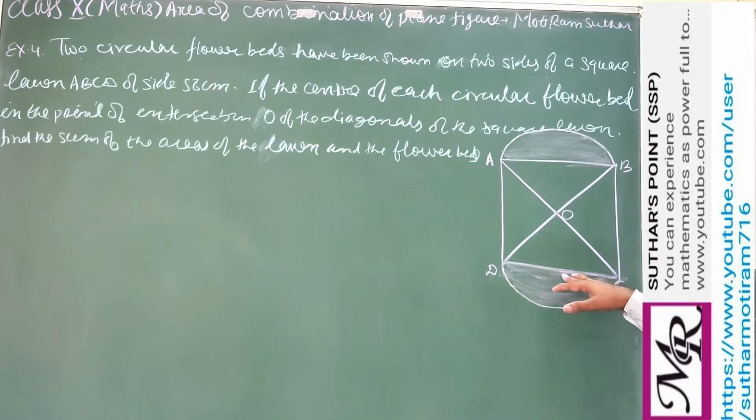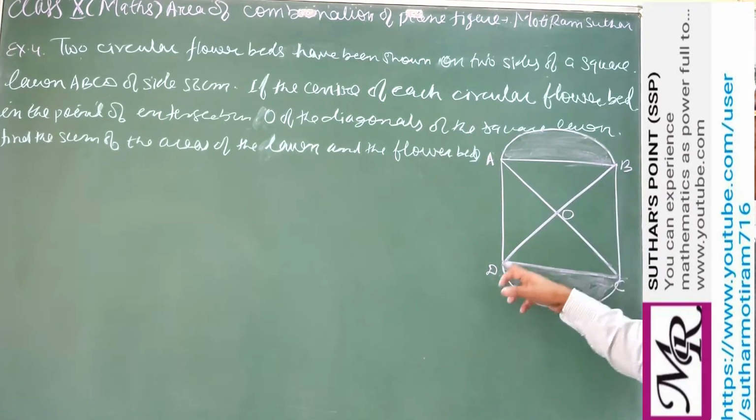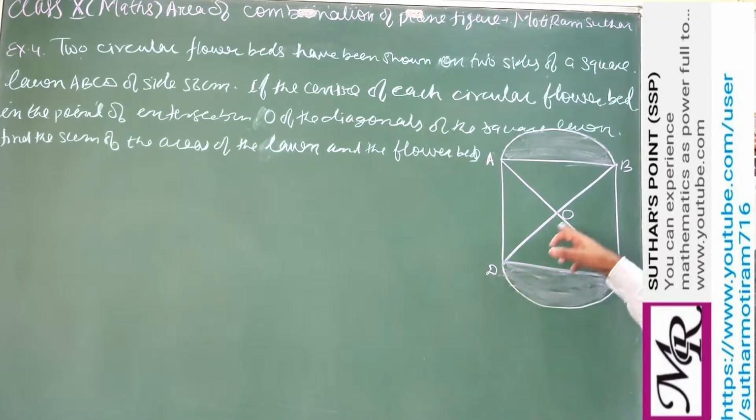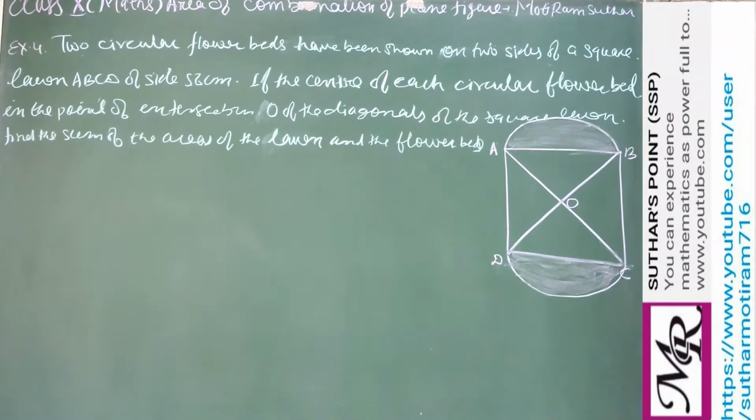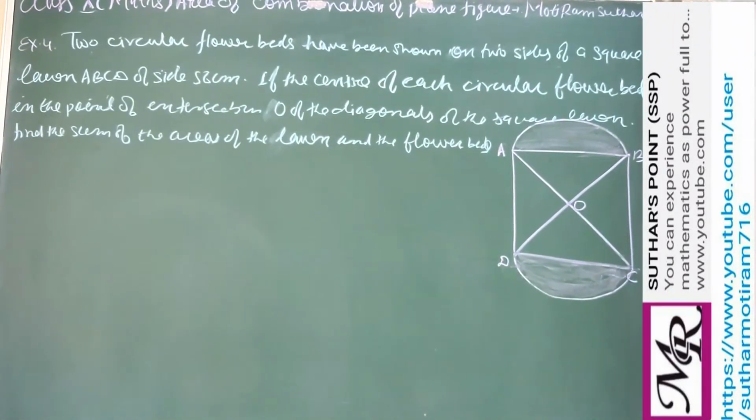If the center of each circular flower bed is the point of intersection O of the diagonals of the square lawn, find the sum of the areas of the flower beds and the square lawn. So let's see how to find the solution of this by using the formulas we learned in the case of sector and segment.